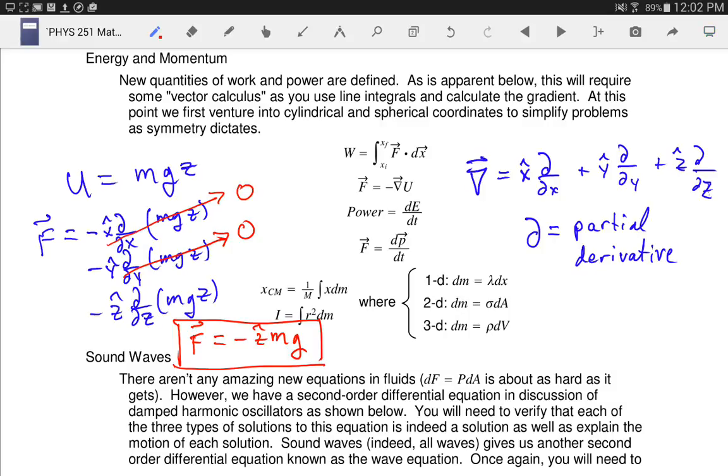If you had known that potential energy was mgz, you would see that it worked. So we have this operator with the partial derivatives. I went through that example to illustrate how the partial derivatives work. Power is the rate at which energy changes, dE/dt. Well, that's no big deal. Force, this is Newton's second law, and I really should have put net force, is equal to the time derivative of momentum, P is momentum, with respect to time.